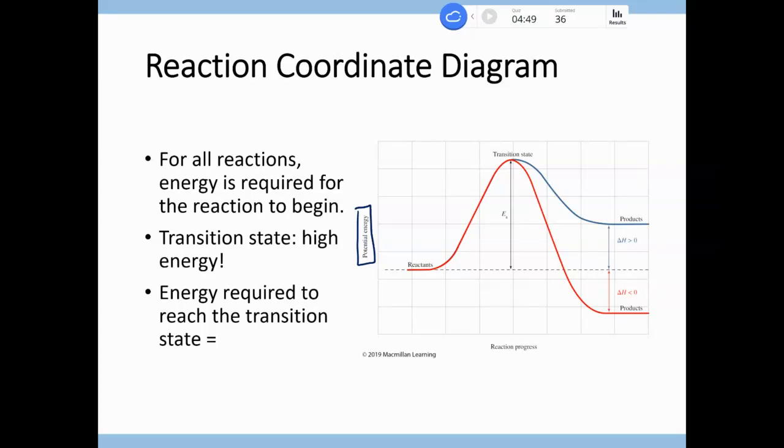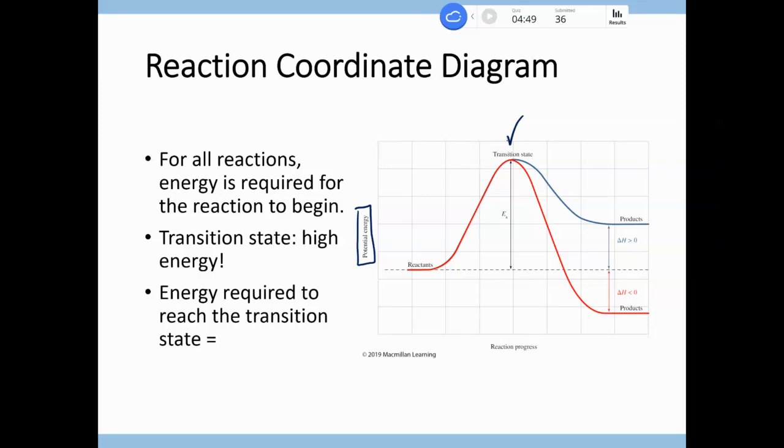This is the high energy, it's always higher energy than reactants and products. And then the x-axis is just reaction progress. It's not time. Just as the reaction goes on, it will absorb energy to reach the transition state and then release energy as products are forming.